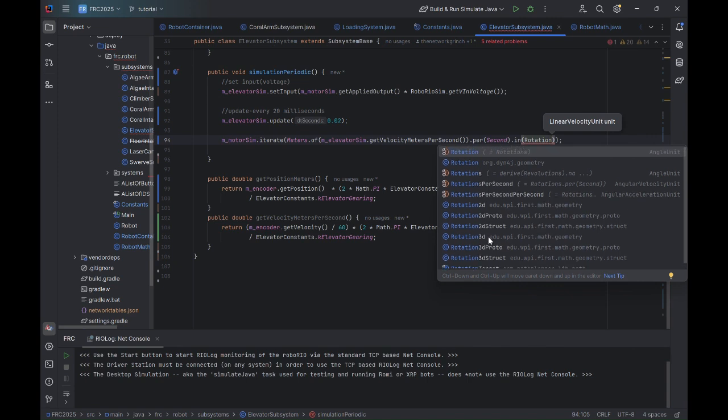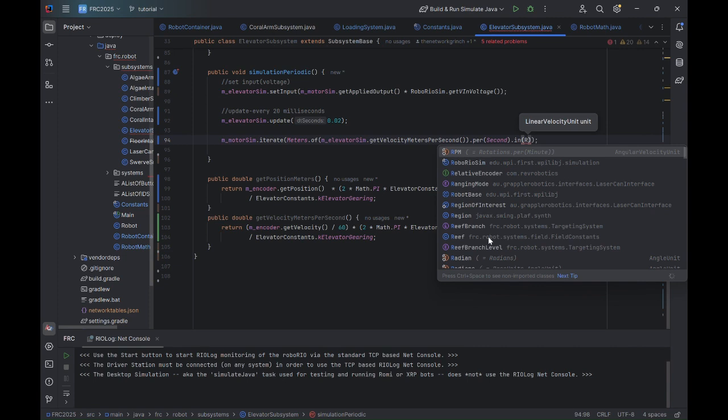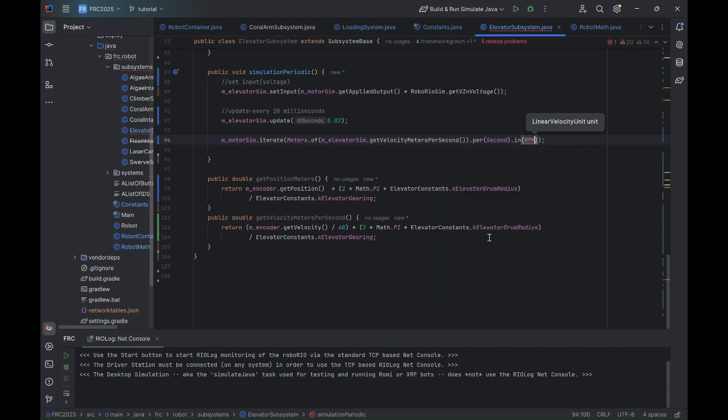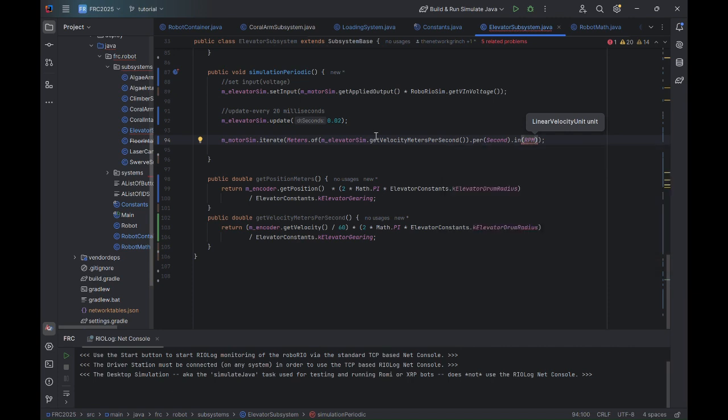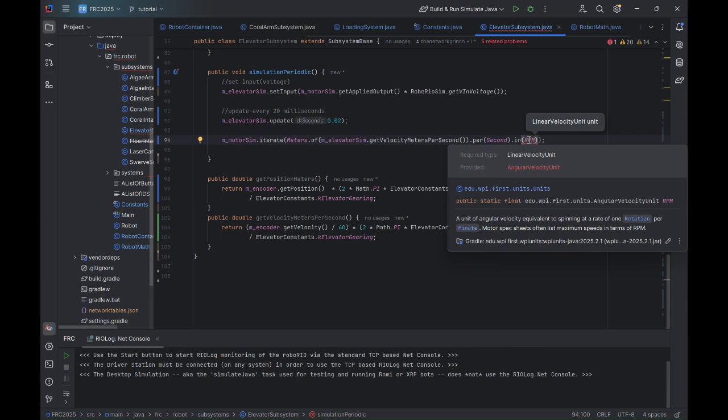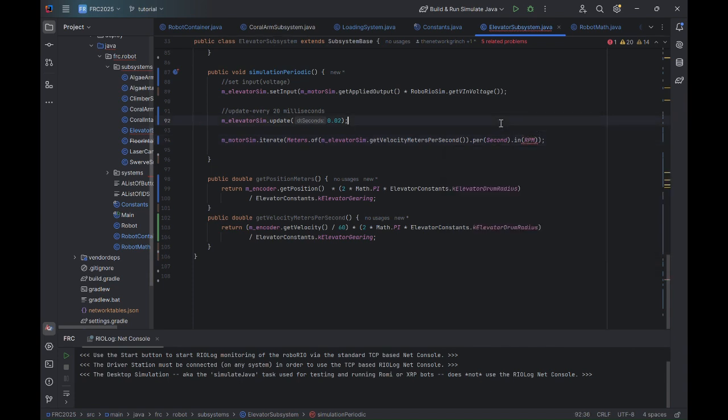Okay, RPM. And we need the angular velocity. Here we are using linear velocity, but we want it to be in angular velocity. So that introduces the idea of robot math. There are a lot of unit conversions between the linear distance and the rotation.